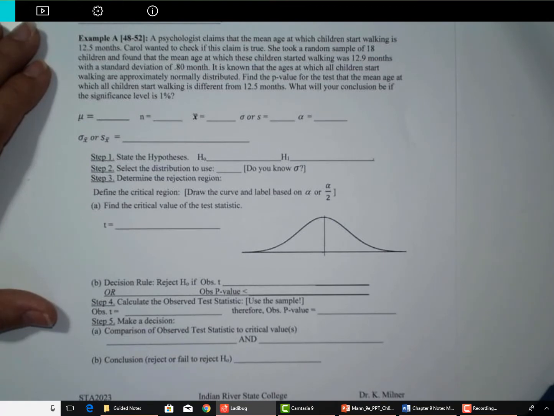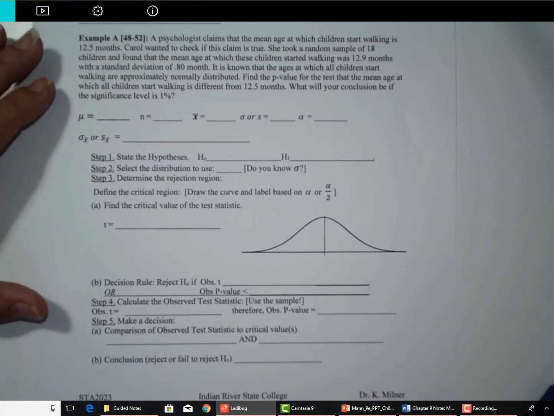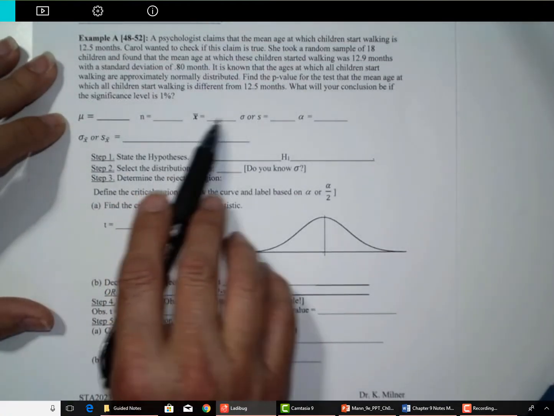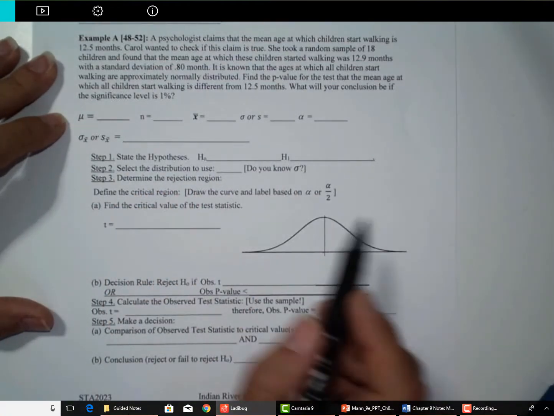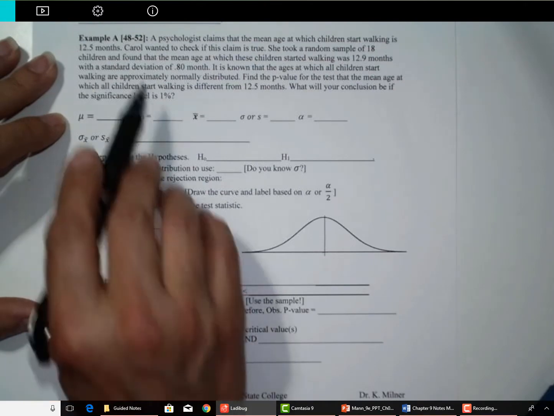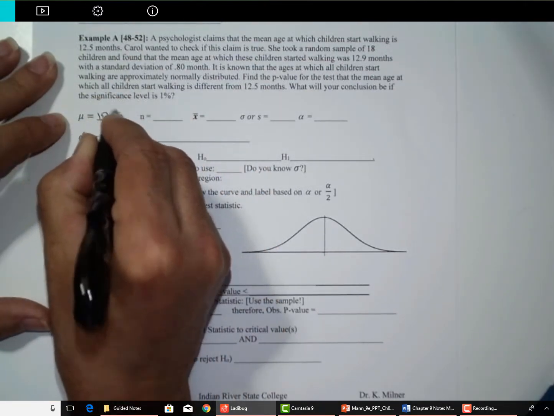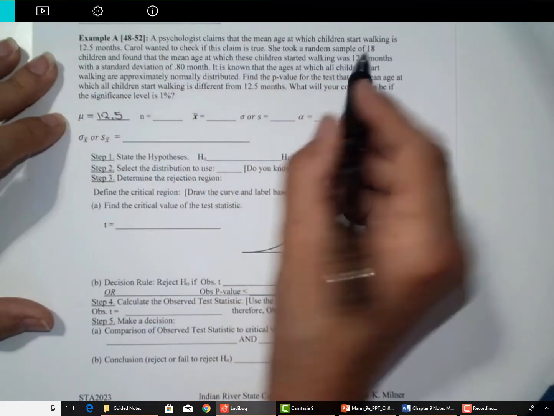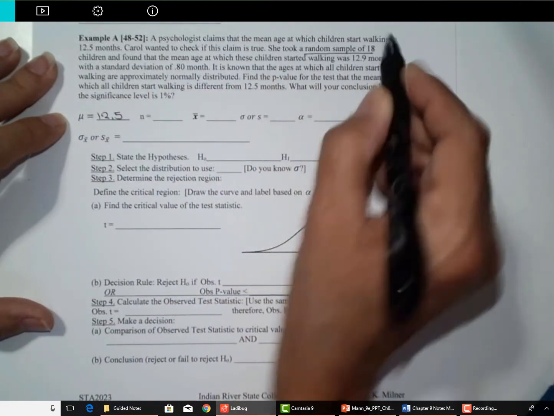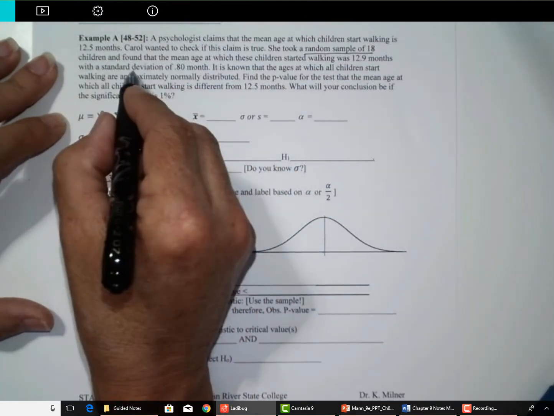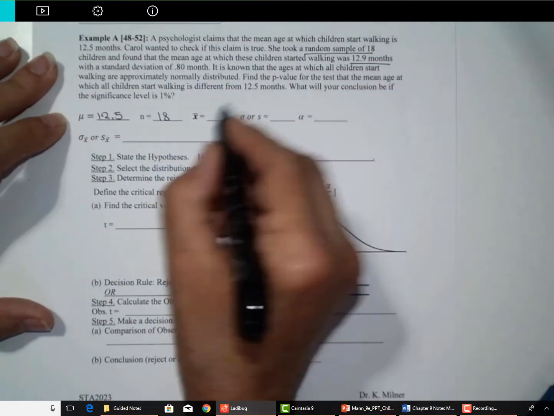So here's our problem, and we're on page 11 of our note pages, and we want to see if we can find the 5 items that we always have to find in every problem. We're looking for the old mean. Well, that would be the psychologist's claim of 12.5 months. Then we need a sample size. Carol took a random sample of 18 children, and her average age was 12.9.